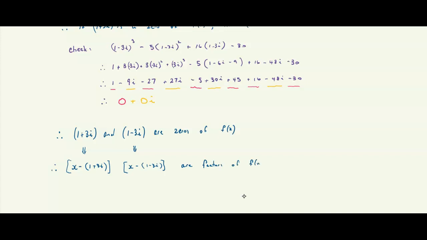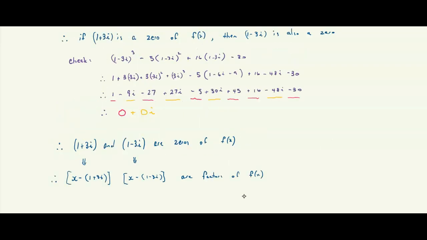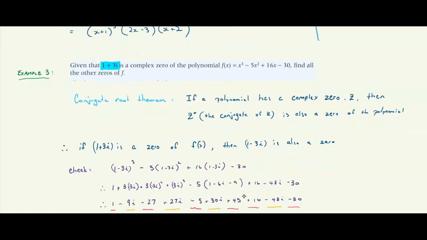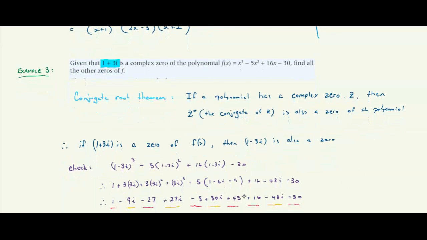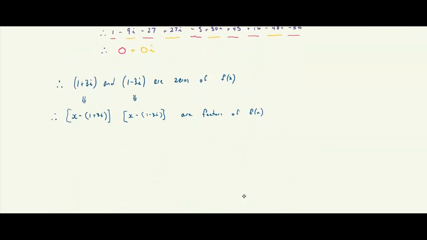Does that make sense? So if I know that 2 is a 0, then I know that x minus 2 is a factor. That's all I'm saying here. So if they're factors, if I multiply them together, and then take my dividend and divide by what I get here, I should get my remaining factor. What do you think?